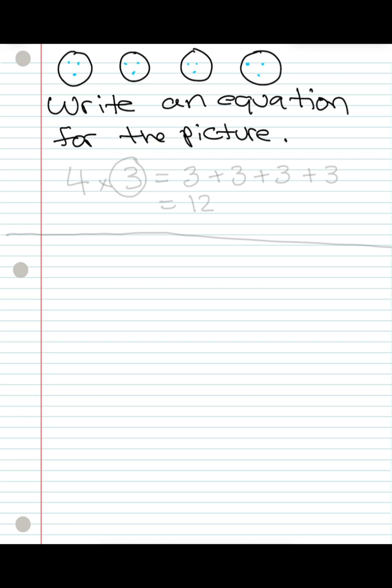So what you do now is you look at how many groups you have. So you have 1, 2, 3, 4 groups. And you know you're going to do multiplication. And you have 3 in each group. So circle the size of the group. And you know that you have 4 groups of 3. So 3 plus 3 plus 3 plus 3. And that equals 12. So that's how you would solve a problem like that, if that was the directions.